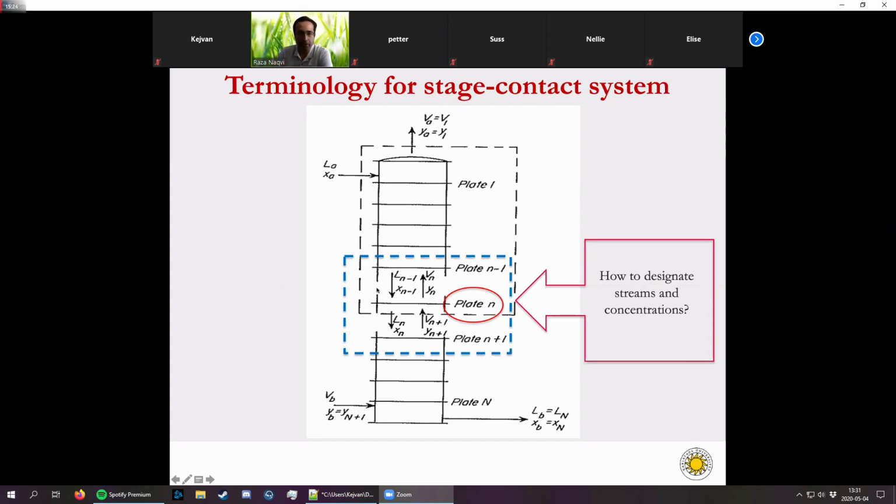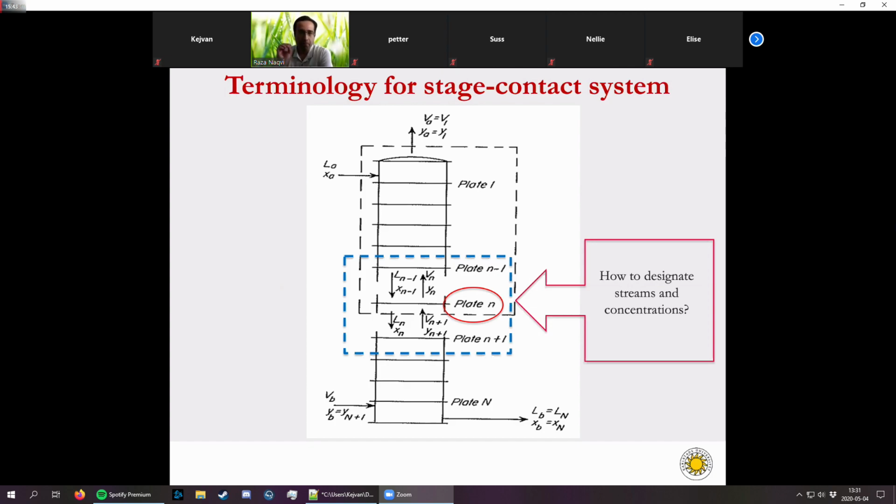If you just concentrate on this one plate, how can we name the streams? Let's say this plate is called plate small n. There will be two streams entering the plate and two streams leaving the plate.